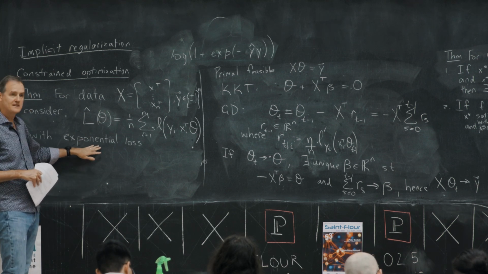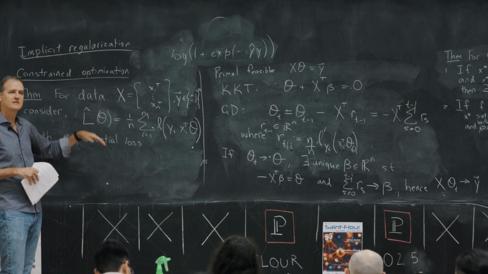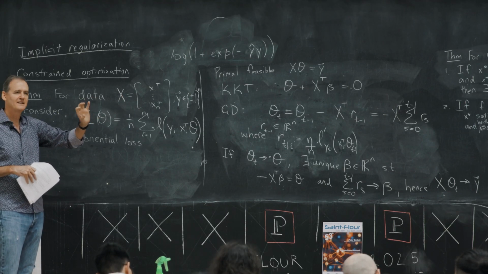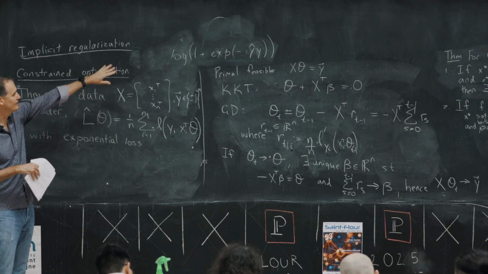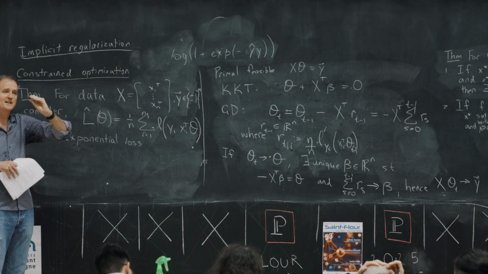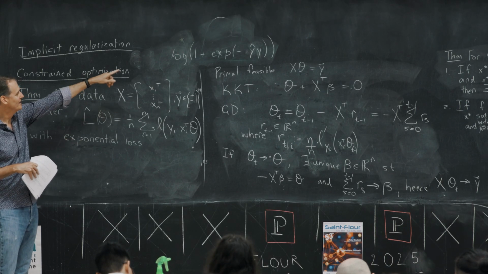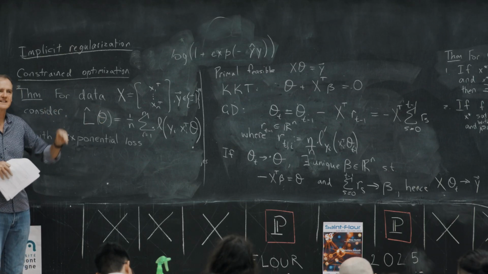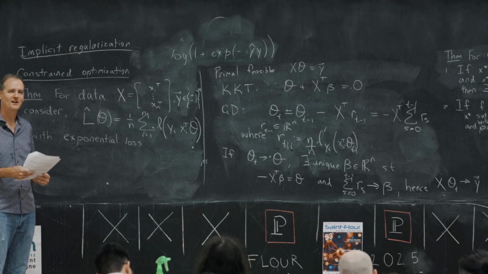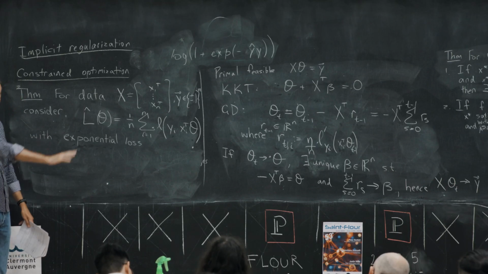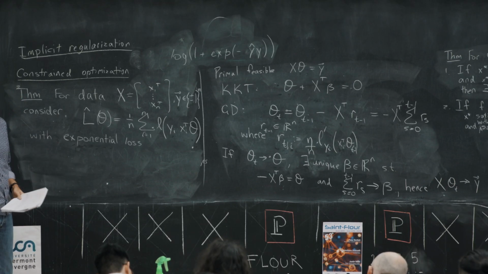We're going to make our life easier and just look at exponential loss because we're just considering what happens at infinity. You can make things precise and give a result for logistic loss by arguing about how close this is to the exponential in some multiplicative sense, and it's all good, but we can make our life a lot easier by just proving the theorem for exponential loss.